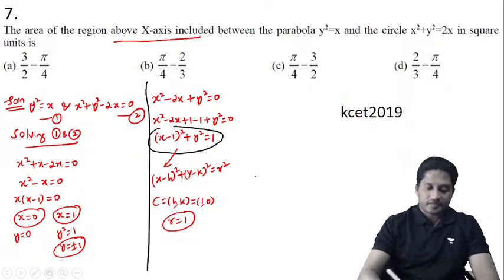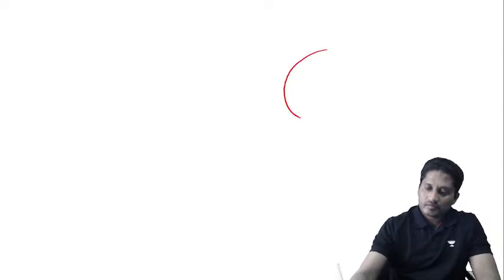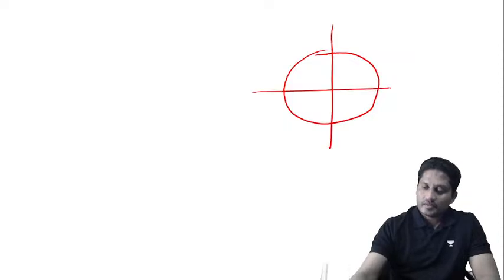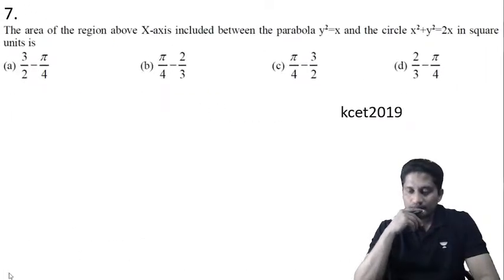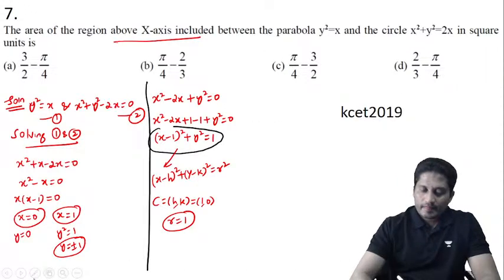Right, now let me check. Now you get a circle with center 1 comma 0. Yes, it's passing through the origin, right? The circle is passing through the origin.